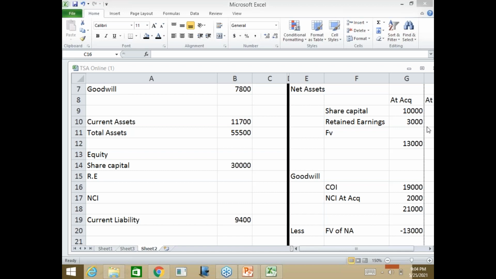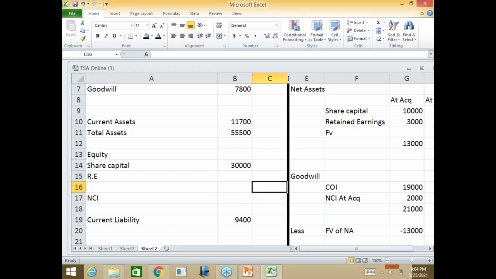In the previous question, it was mentioned that there was an impairment in the goodwill. So impairment will only be adjusted when it is mentioned in the question. They show the amount of, I think, 200 as an impairment. So therefore we charge 200 as an impairment loss.